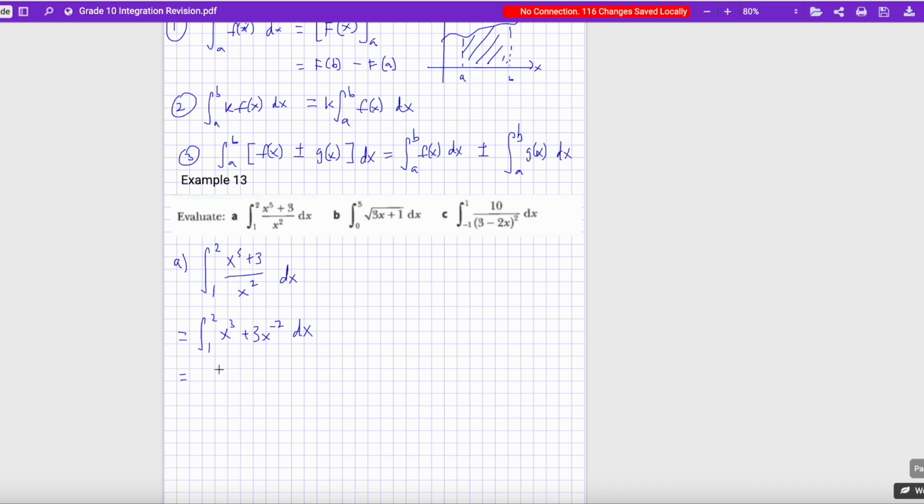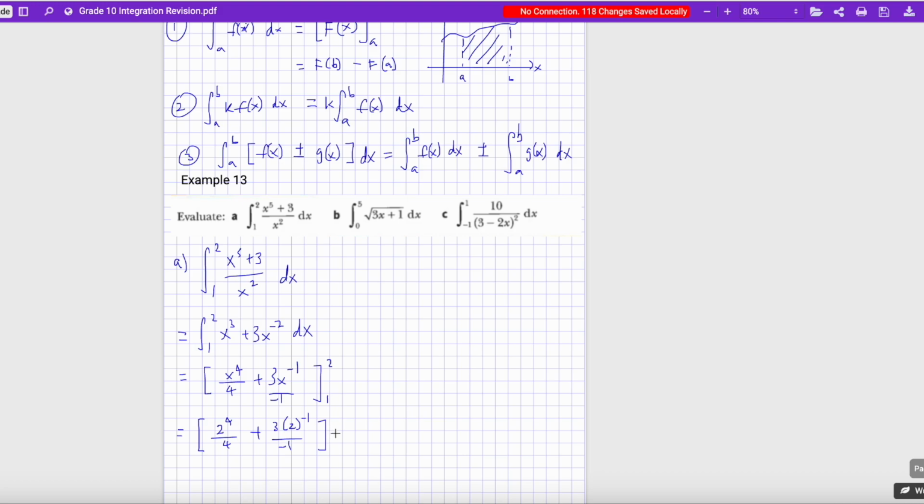Now I will integrate, so that will get me x^4 over 4 plus 3x^-1 over -1. And then it will be from 1 to 2. Now you substitute 2 into the function here. So you have 2 to the power 4 over 4 plus 3 times 2 to the power -1 over -1.